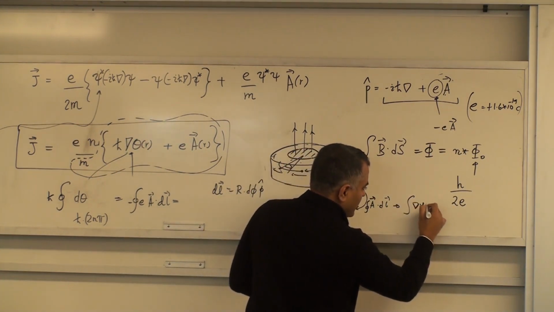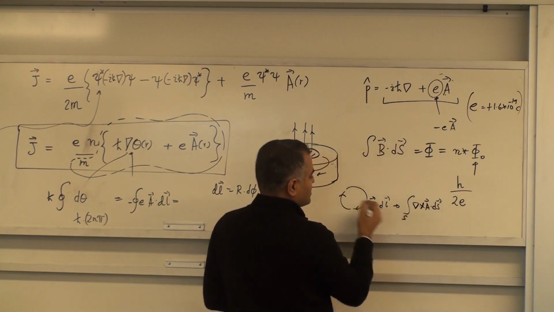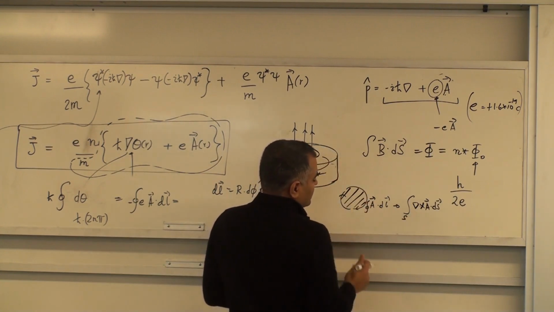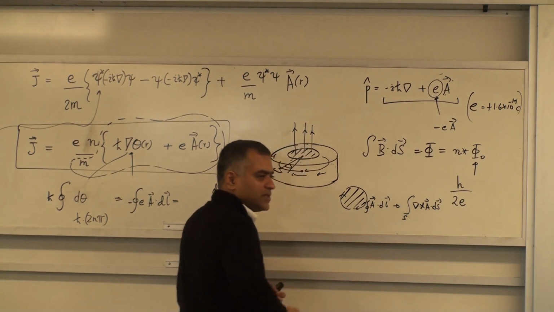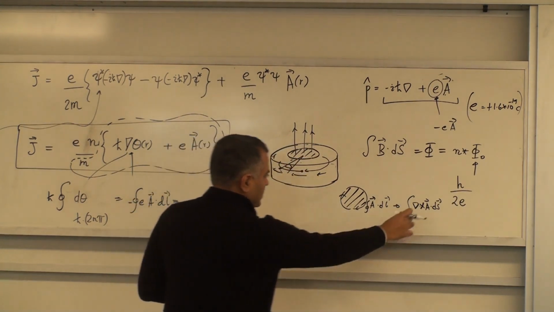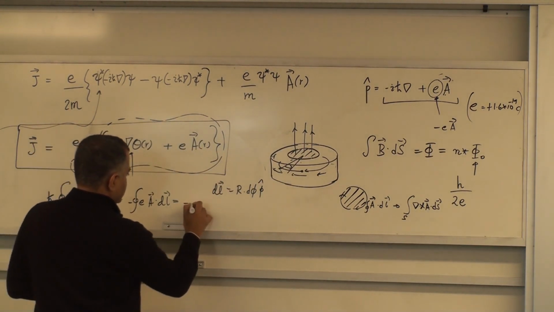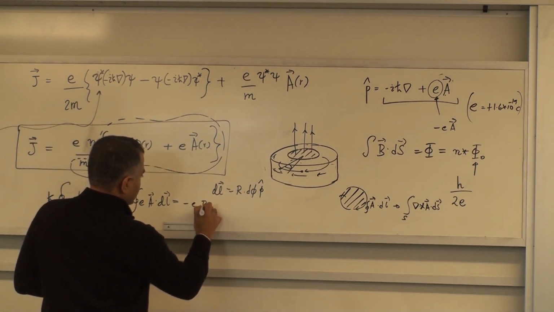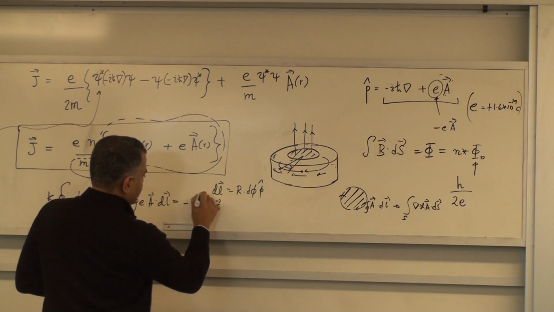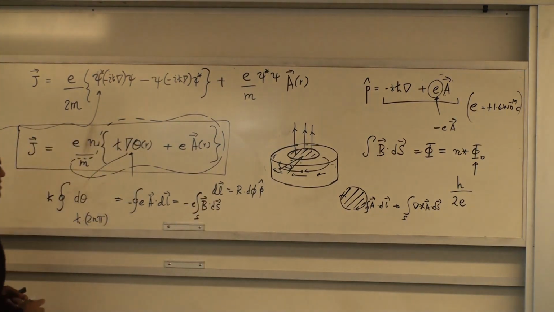Curl of A dot ds, and this surface is the area enclosed by the closed loop. And we all know that curl of A is the magnetic field. So what we get here is minus e and B dot ds around this loop.